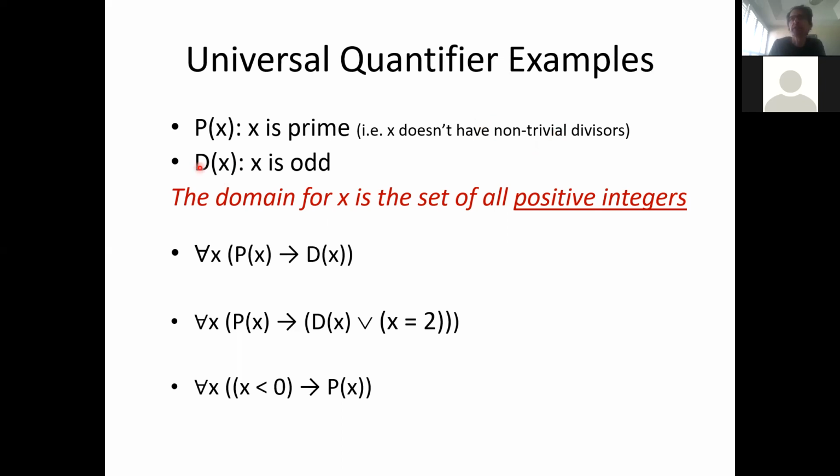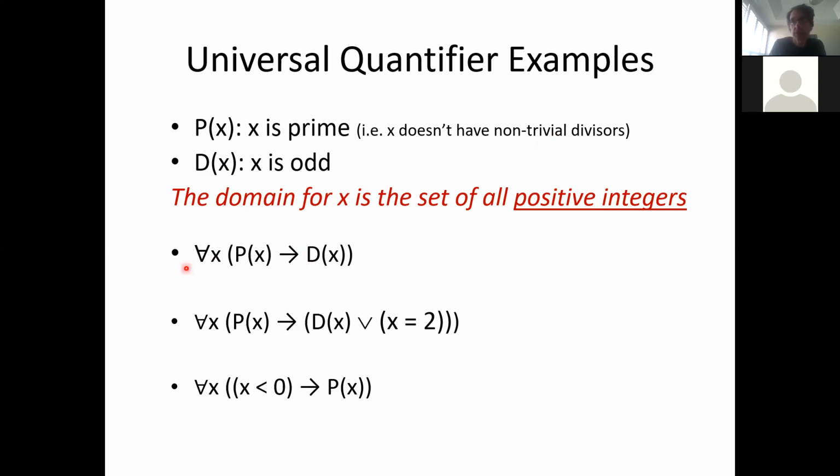And d of x is just a predicate that x is odd. Let's see this statement: for all x's, if x is prime, then x is odd. That's what this statement says.